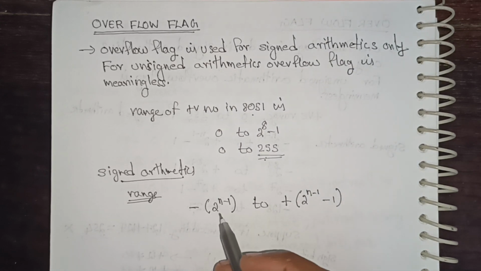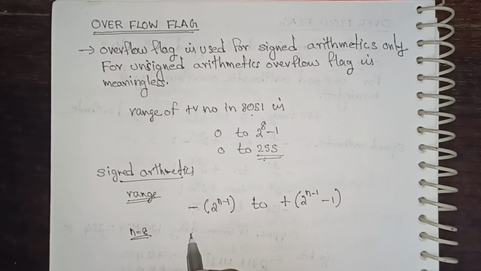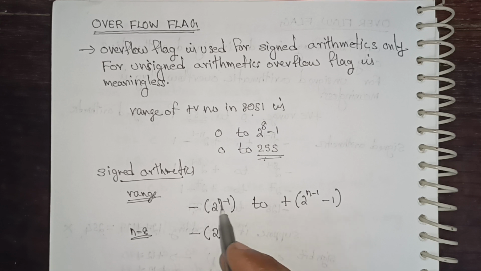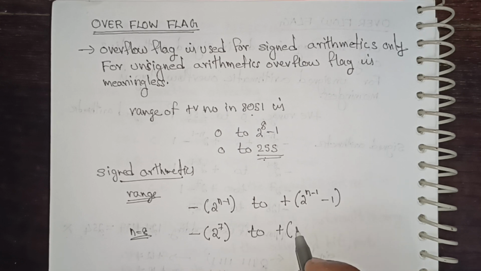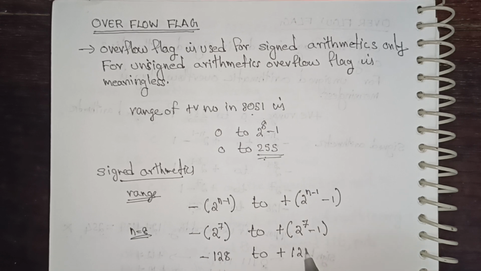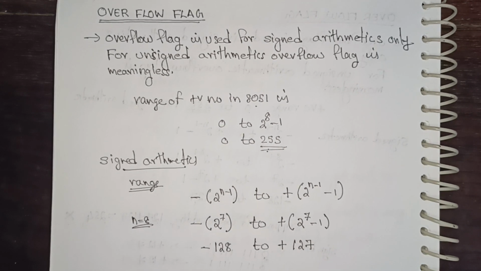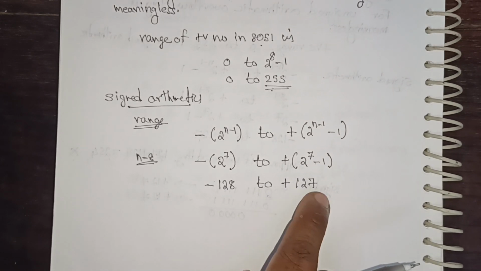Substituting n equal to 8, 2 raised to 8 minus 1, which is 7, to 2 raised to 7 minus 1. So the range is minus 128 to plus 127. Notice that we get one extra negative number.